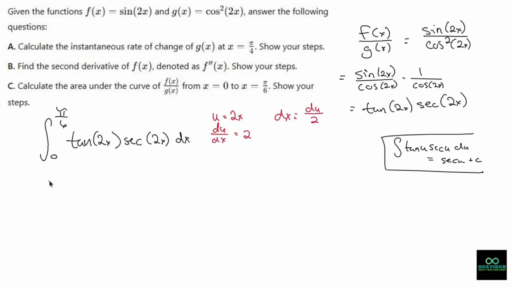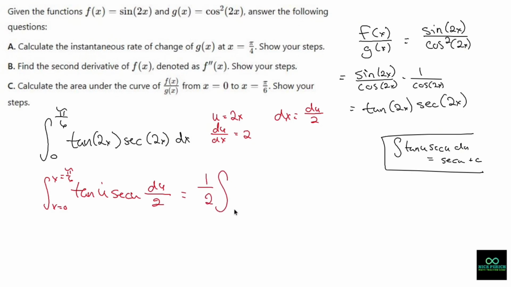So simplifying this a little bit, I have the integral, as x goes from 0 to pi over 6, of du over 2. So tan, first off, 2x is now u, so tan u secant u, du over 2. Basically, pull the 1/2 out.